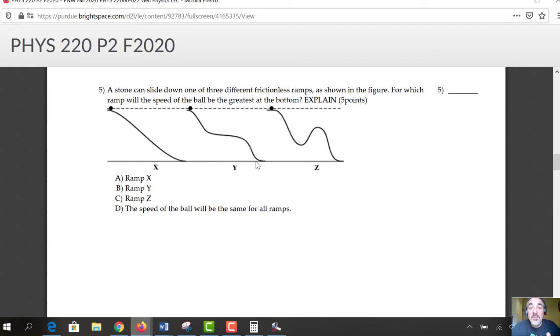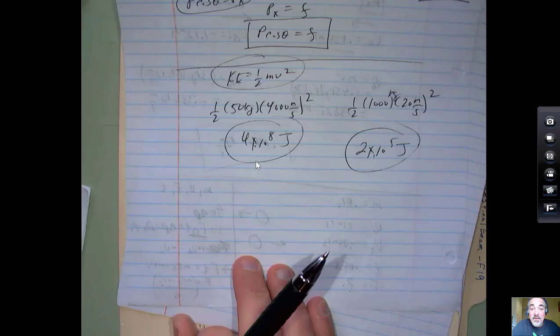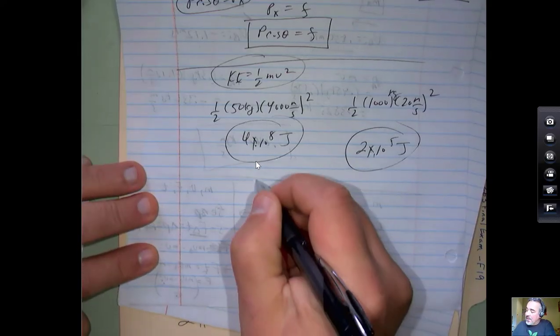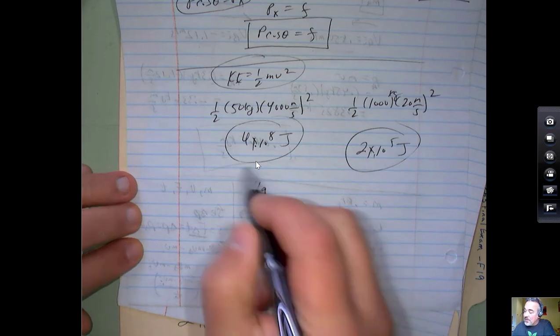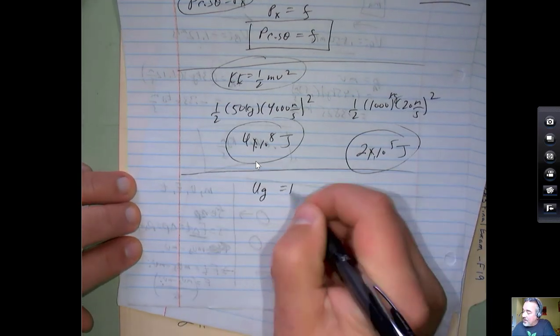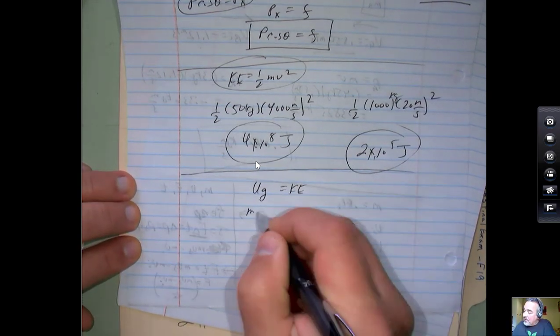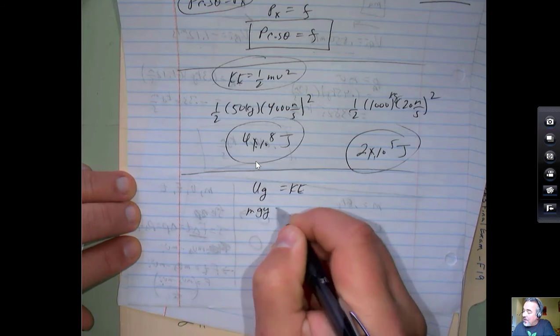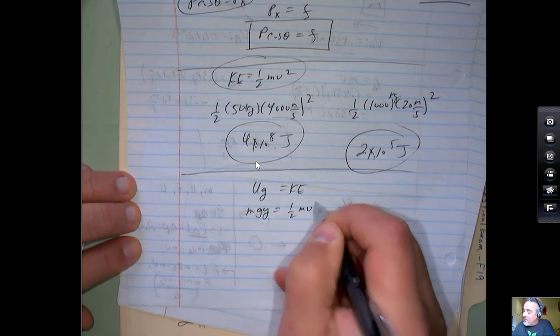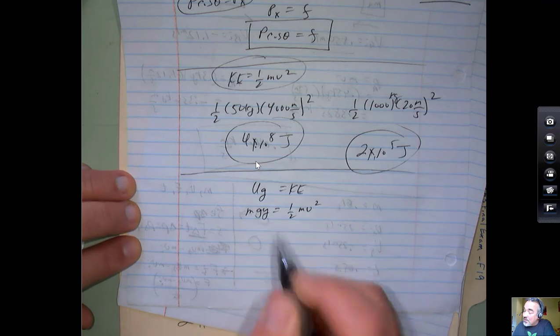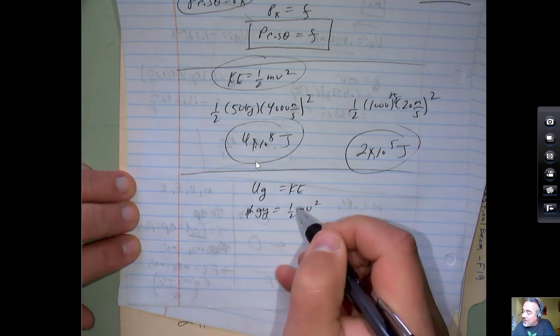Now if I was going to explain it, I would do it like this. Let's take a look at that. I would say that we're taking gravitational potential energy and converting it into kinetic energy. So gravitational potential energy is mgy. This is 1/2 mv squared. The mass doesn't matter. You can see the mass actually cancels out.